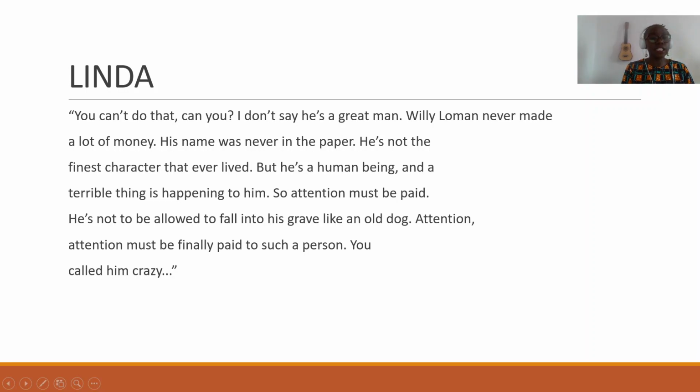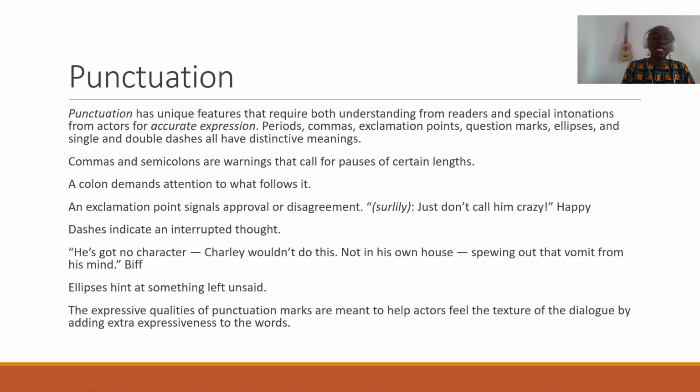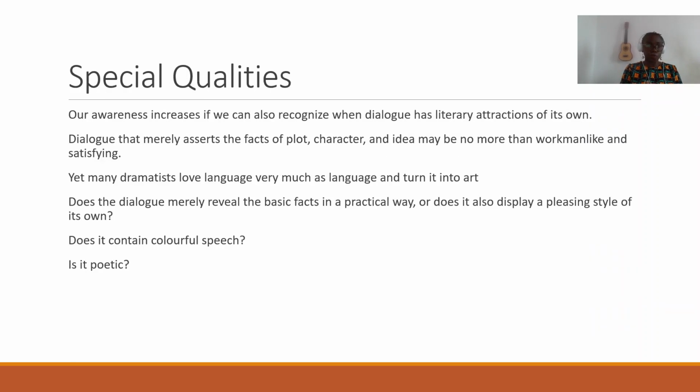Linda says, "You called him crazy..." And then there are the three dots. They are ellipses. They tell you something has been left unsaid. So the expressive qualities of punctuation marks are meant to help actors feel the texture of the dialogue by adding extra expressiveness to the words, so that you don't just go rattling and reading it through. Imagine, "He's got no character. Charlie wouldn't do this." You have left something huge out.